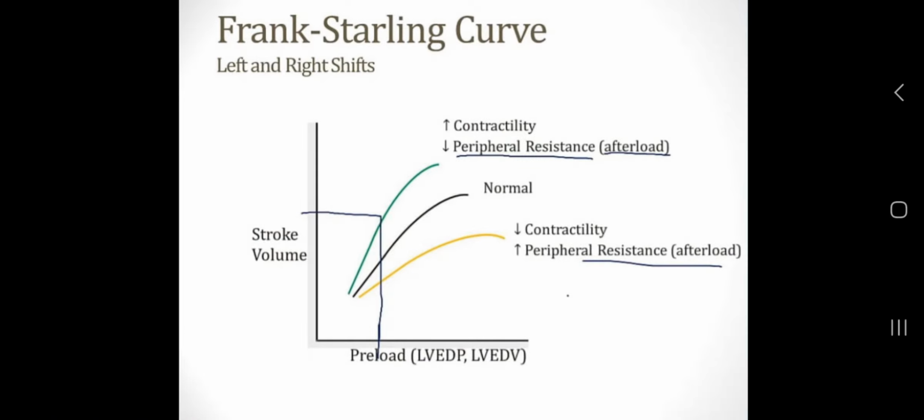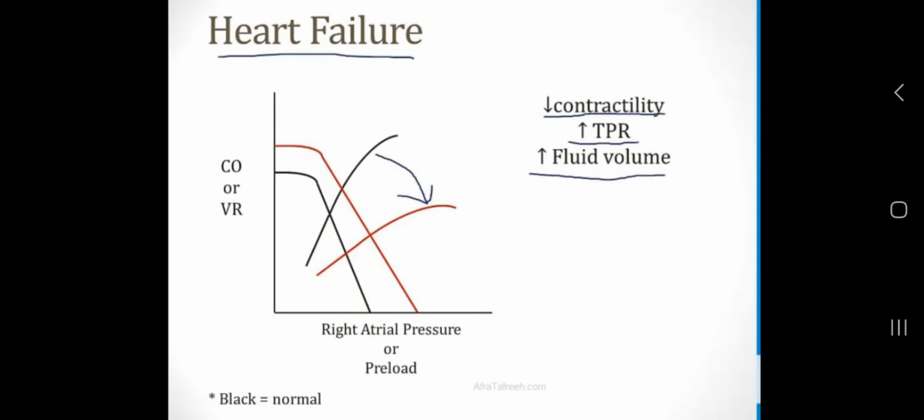Okay, we talked about this. So when contractility is raised or peripheral resistance decreased or afterload decreased, stroke volume will be increased. Contractility decreased, stroke volume decreased. Peripheral vascular resistance or afterload increased, stroke volume decreased. With heart failure, contractility would be decreased, right?